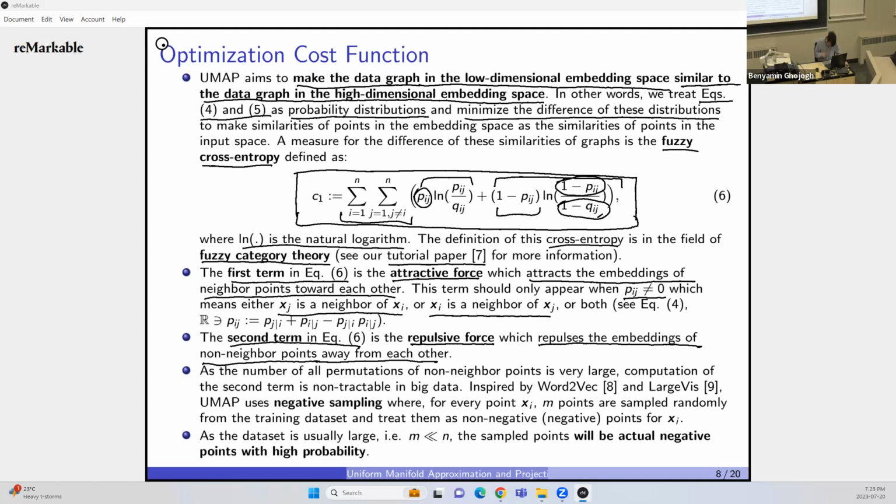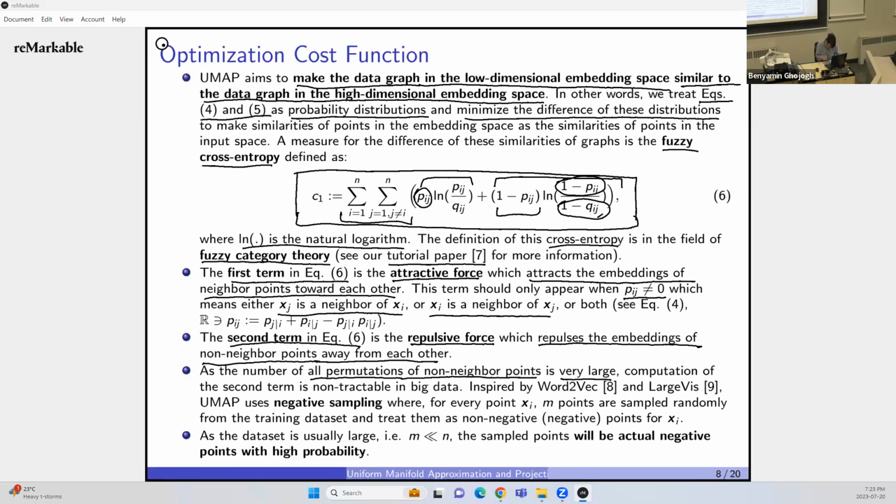Okay. The number of all permutations of non-neighbor points is very large, right? For similar points we have a small number, but for non-neighbor points we have a huge number of permutations.